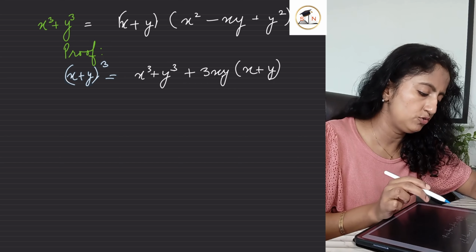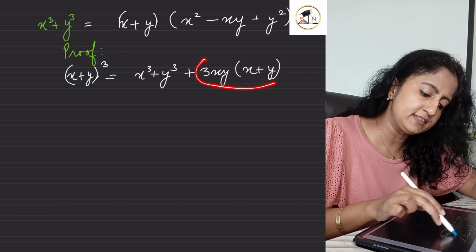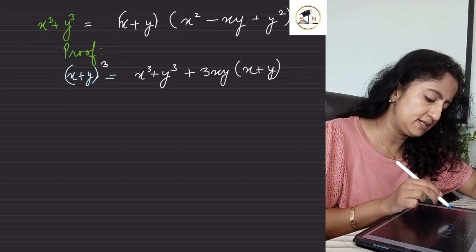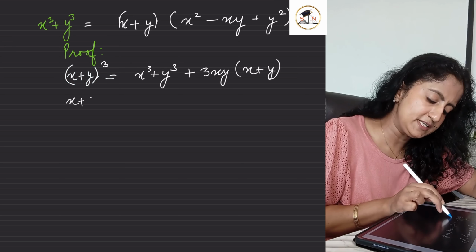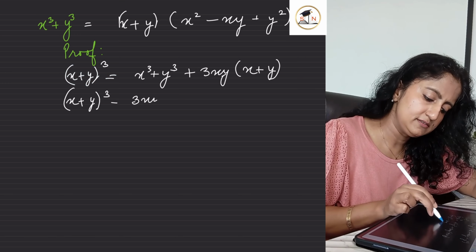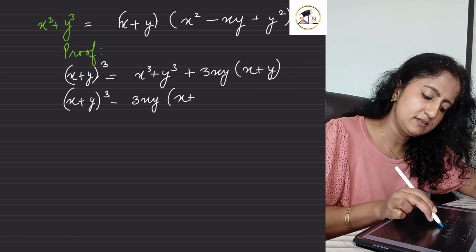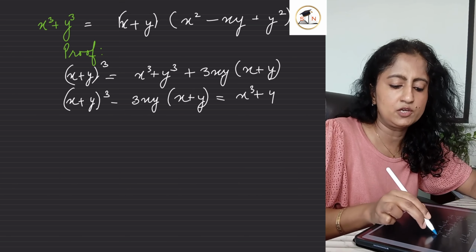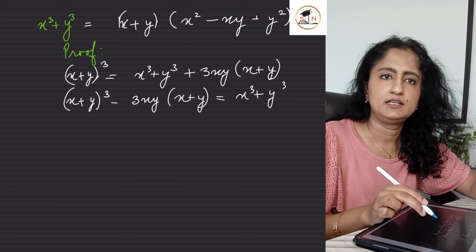Now I'm going to shift this term onto the left hand side, and that gives us x plus y whole cube minus 3xy bracket x plus y, and that leaves us with x cube plus y cube on the right side, right?